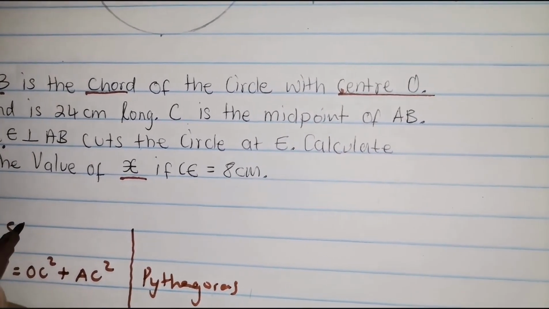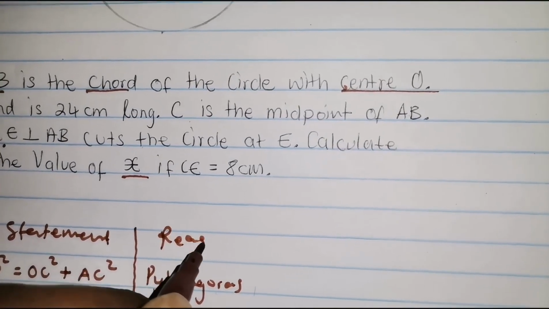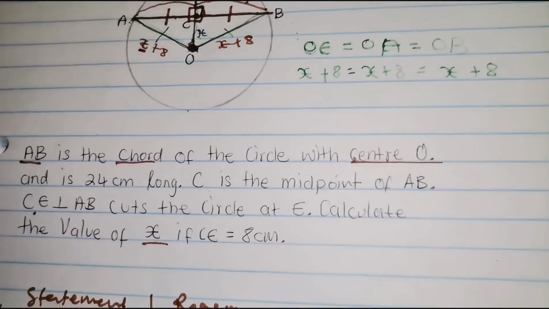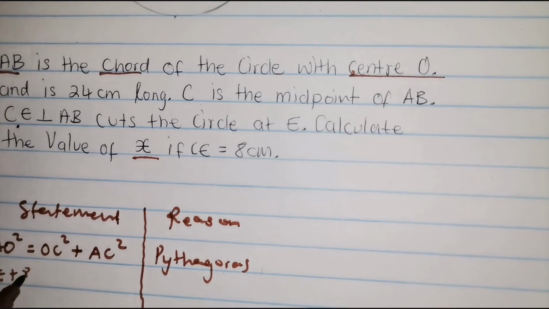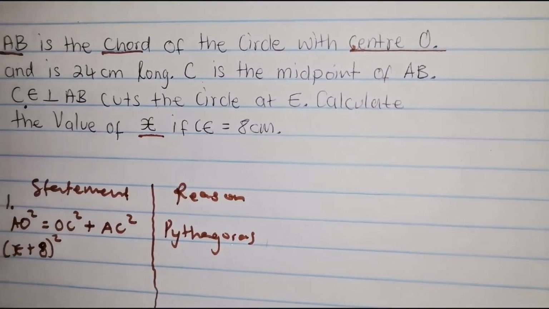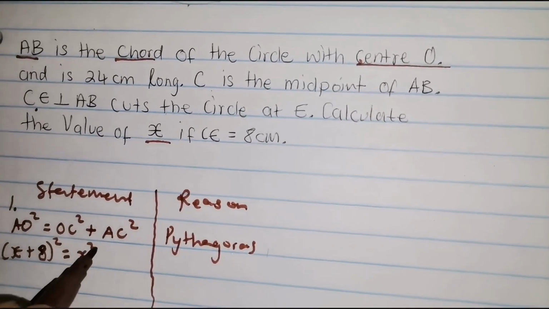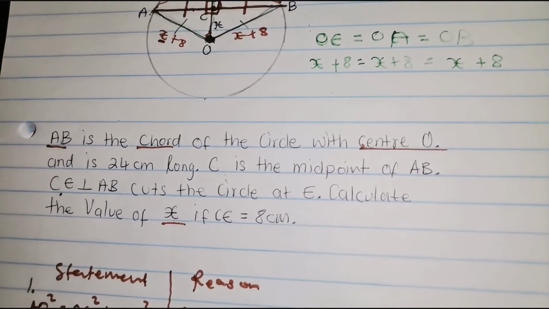So it is statement and reason. What is the value of AO? X plus 8, so X plus 8 squared is equal to OC squared, which is X squared, plus AC squared, which is 12 squared.